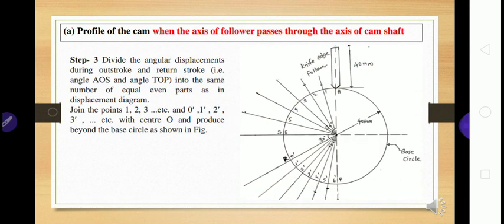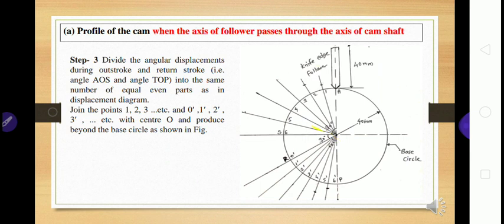In the next step, the third step, divide the angular displacement during the outstroke as well as the return stroke into the same number of equal parts. Suppose in the displacement diagram you have divided it into 6 equal parts. Here also you divide the outstroke angle 90 into 6 equal parts and the return stroke angle 60 into 6 equal parts, and join these lines O to 1, O to 2, O to 3.